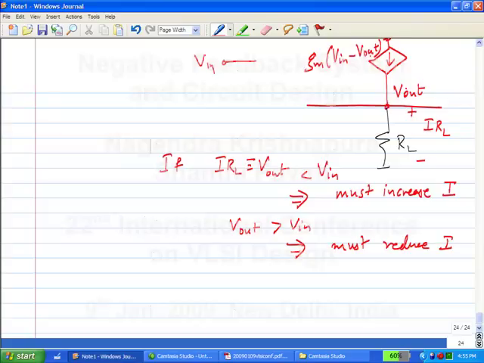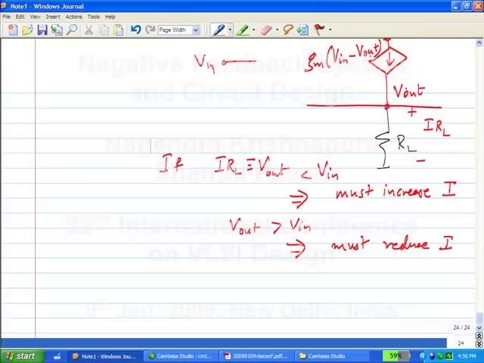And when will Vout be exactly equal to Vin? Do you want a current source which only varies very little with change in Vin minus Vout, or do you need a current source which is extremely sensitive to Vin minus Vout?